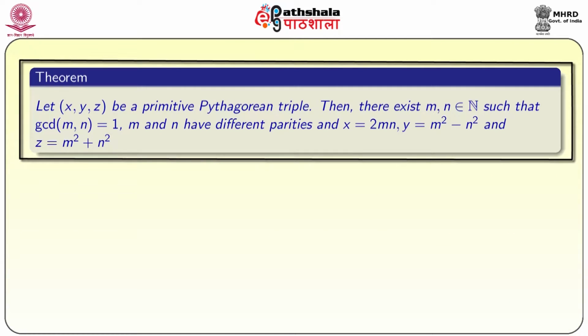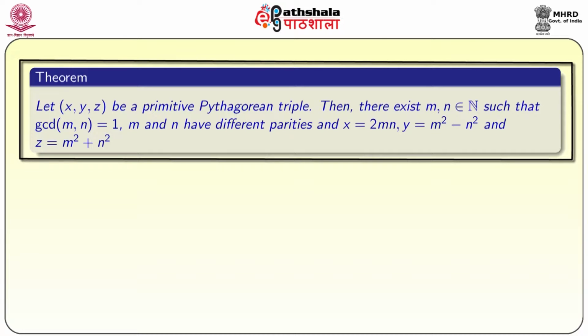This is the main result of this module. Let x, y, z be a primitive Pythagorean triple. Then there exist m, n belonging to the natural numbers such that GCD of m, n equals 1, m and n have different parities, and x equals 2mn, y equals m squared minus n squared, and z equals m squared plus n squared.